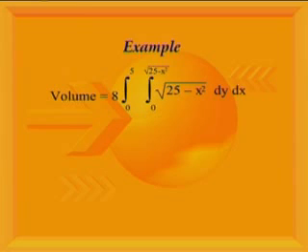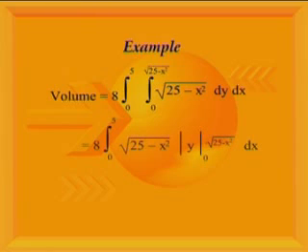The limits for y is equal to 0 to y is equal to square root of 25 minus x², and the limit for x, the outer limits will be from x is equal to 0 to x is equal to 5, and you can see here, for getting the required volume, we are multiplying this by 8.